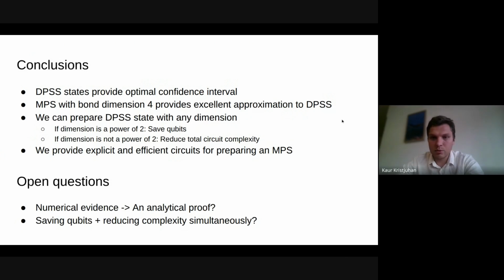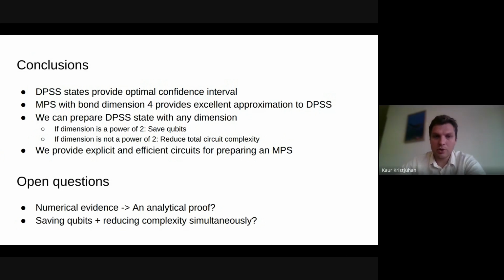So what has this work basically concluded? We know that DPSS states provide the optimal confidence interval for phase estimation. That is useful because then the answer you get out of your quantum computer is going to be as accurate as it can be. We've suggested a way to prepare these optimal states by making a slight approximation using a matrix product state.